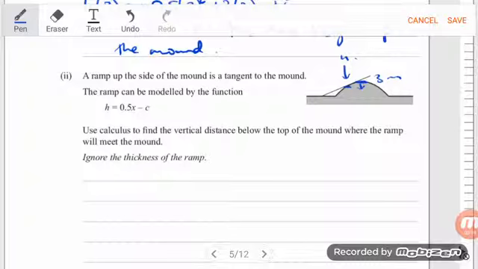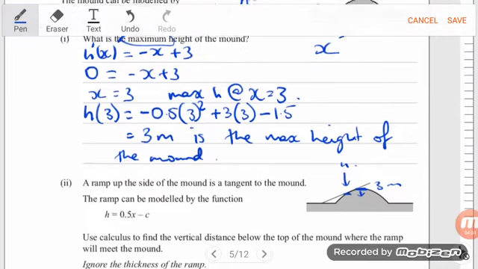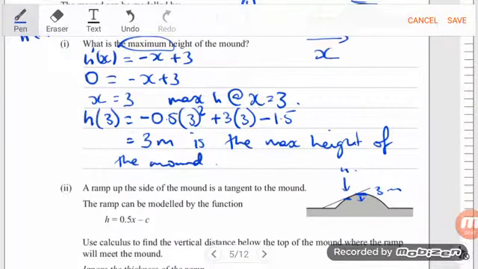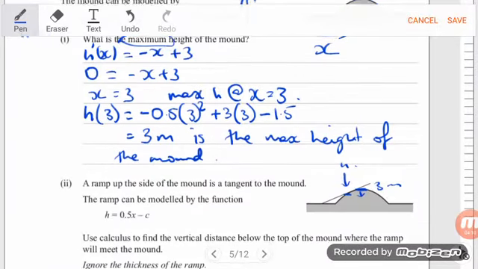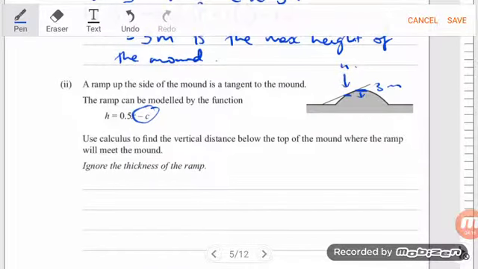Okay, so we have already differentiated over here. So we've got our gradient function up here. The fact that we've got minus c here doesn't actually matter, because what we really need is this bit here anyway, because we don't know where it meets with the equation.